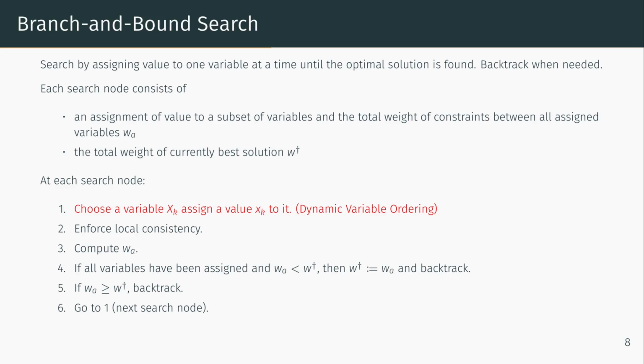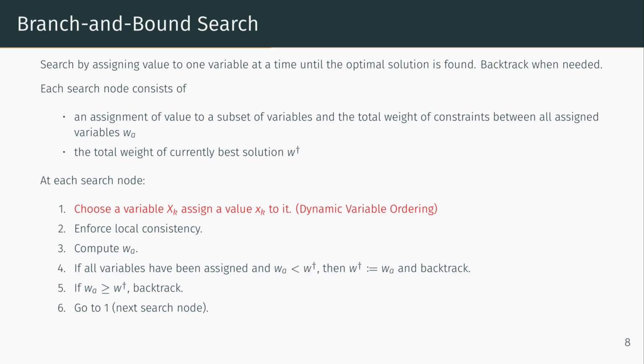So at each search node, what does it do? It first chooses a variable and assigns a value to it. This is the part where dynamic variable ordering is important. Then it enforces local consistency, because very often local consistency can remove a lot of values in the instance and make the search space much smaller.